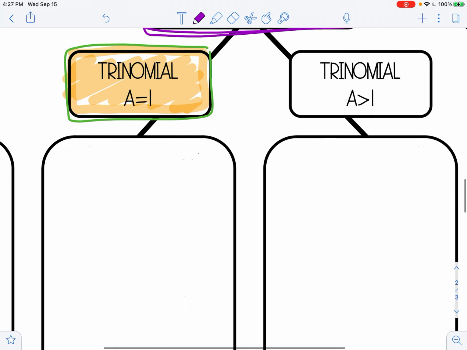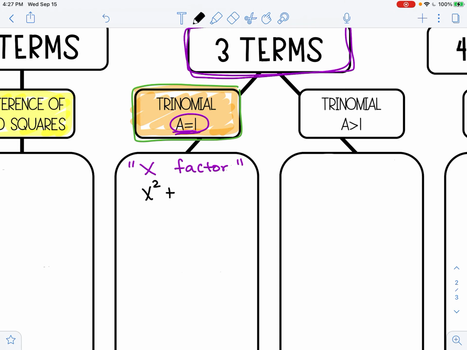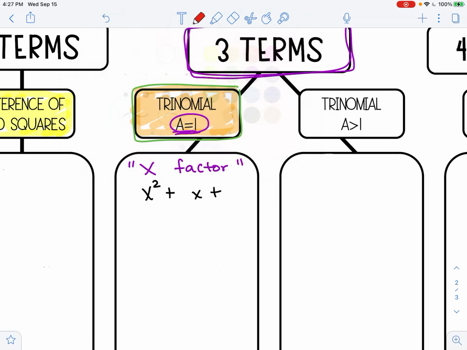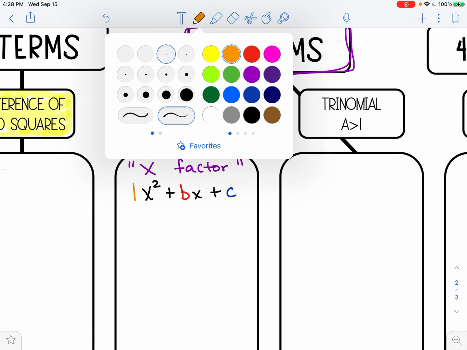Okay? So remember that when we have this x factor, it looks like x squared plus bx plus c. Keep in mind, we have that invisible 1 in front here. So here's where the x factor comes in.